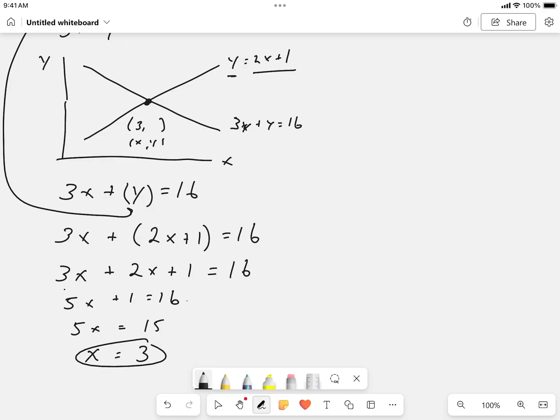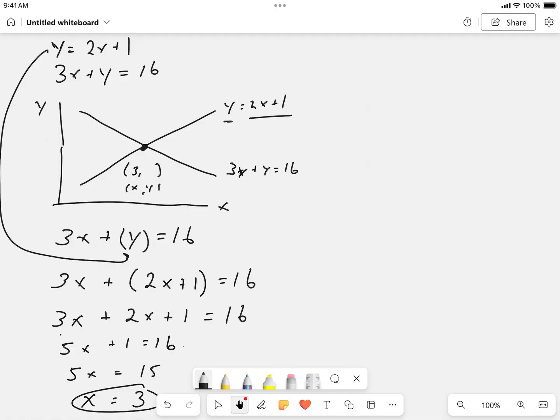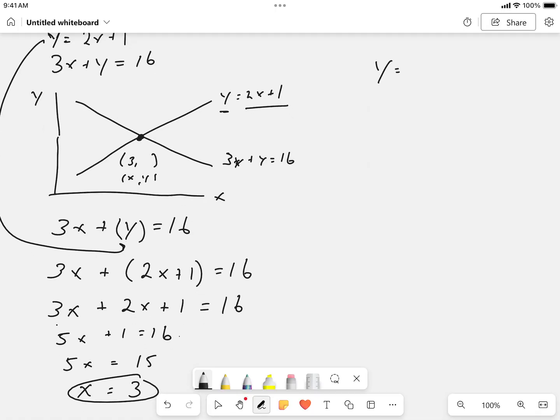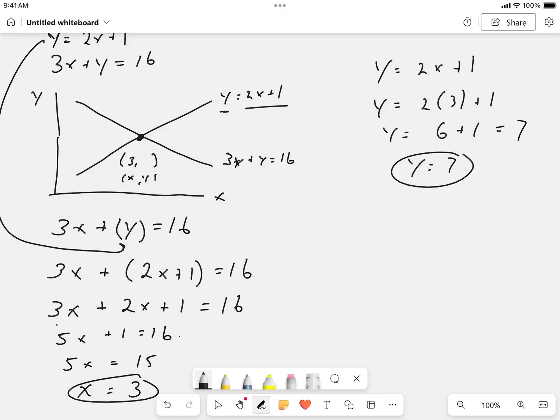Let's go back to my first equation and say, well, if y is equal to 2x plus 1, and we now know x is equal to 3, then y is equal to 2 times 3 plus 1, or y is equal to 6 plus 1, which we'll just call 7. So y equals 7. That is the y value of this point. So this point is at 3 and 7.